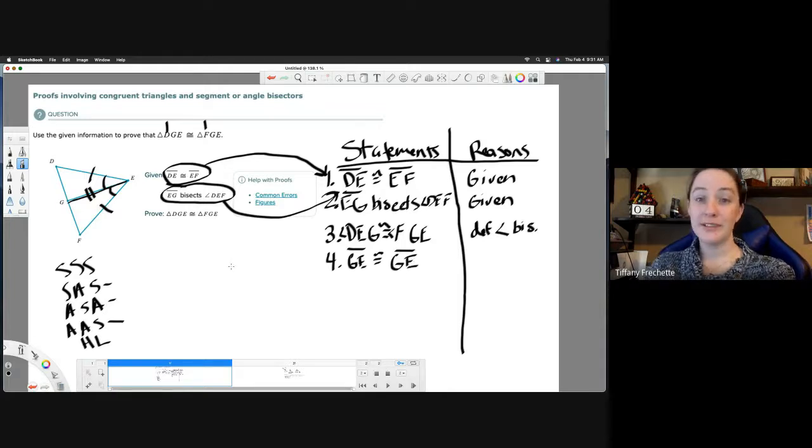It's congruent to itself. And the reason for that is the reflexive property. We use the reflexive property whenever we have a shared segment. It's equal to itself. In this case, of course, it's not always going to be GE.